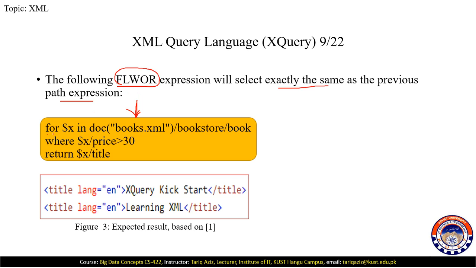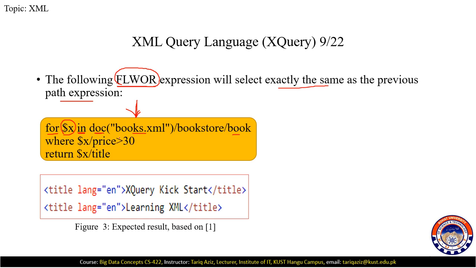So we use the for clause, and then $x, this is the variable. Okay, and then the in expression, and then we use the doc function. So what's the execution now? What this doc function will do, it will open this XML document, and it will retrieve the books. Okay, and then the in expression, what's the functionality of this in expression?